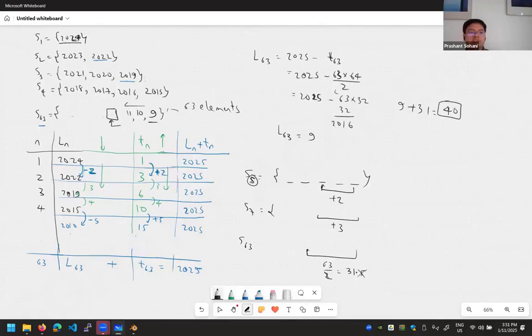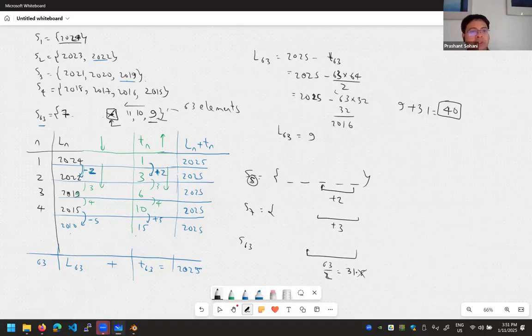Or one more way to find the center point is that you find the average of the first and the last term. So I find the last term as 9. I'll find the first term as 9 plus 62. Why did I do 62 and not 63? Because this is a standard trick. When you have 5 elements, the distance between the first and the last element is not 5, it is 4. In that way, we have a 63 element set.